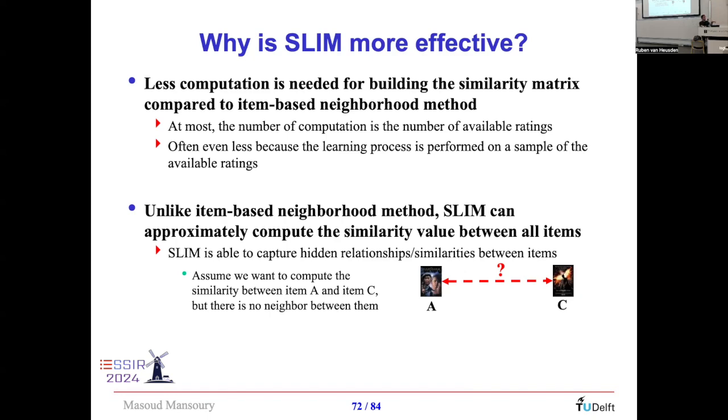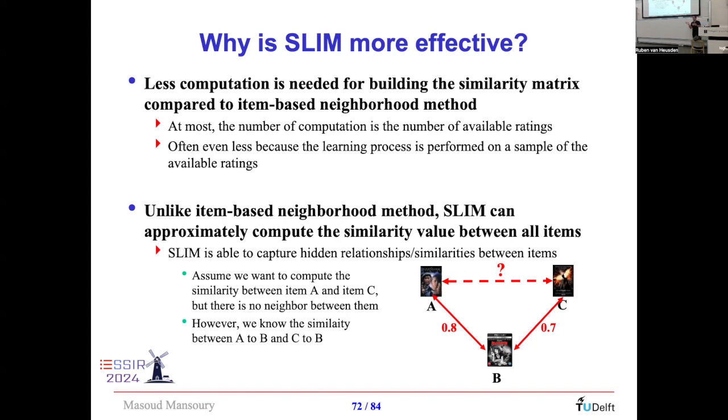So here is an example. If you have two items like A and C with no user rating both, but we have another item that we know the similarity value between that item and each of these two items, then maybe it's not the case for original item-based neighborhood model to compute the similarity value between A and C. But for SLIM, I'm not sure if it does, but it might be the case that during the optimization process, it captures these hidden patterns.